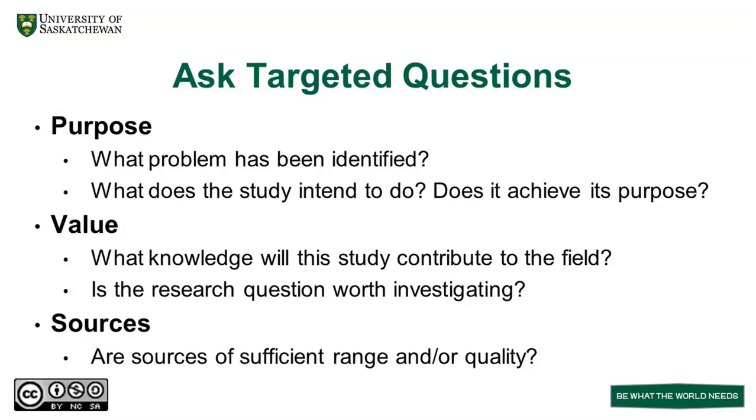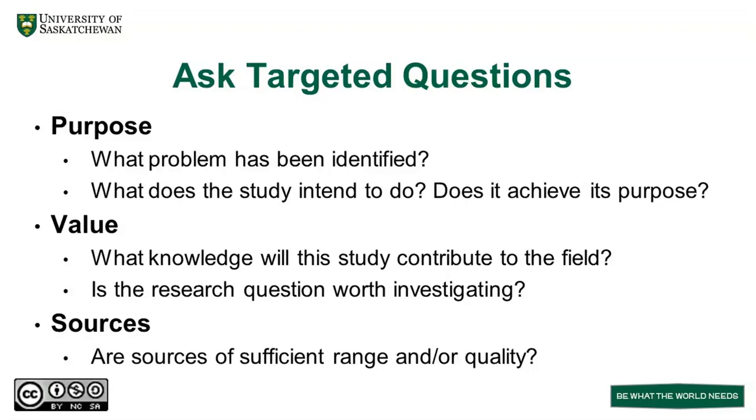We want to consider things like value. What knowledge will this study contribute to the field? And as well, is the research question even worth investigating? Because we can investigate a wide range of questions, and not all of them will necessarily have much value.